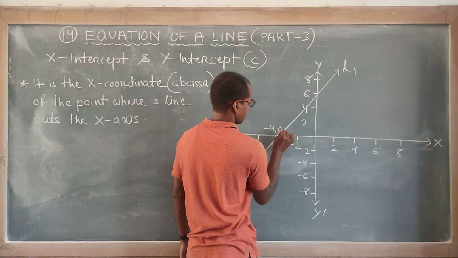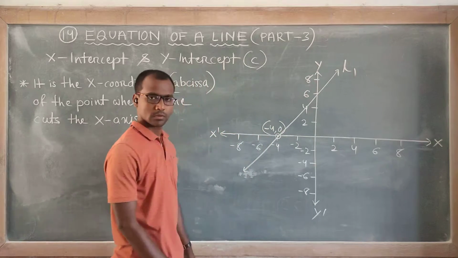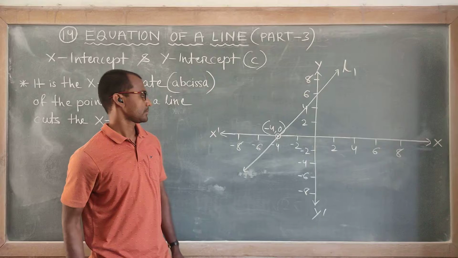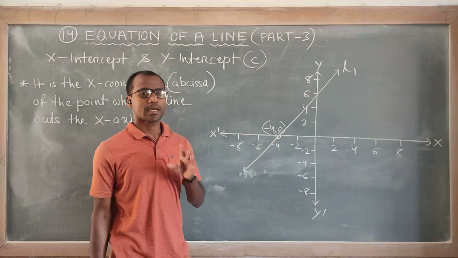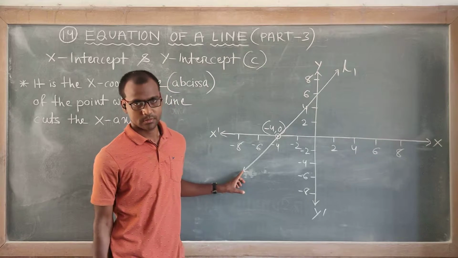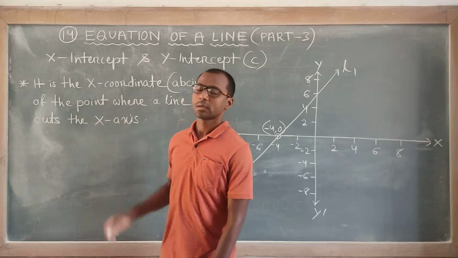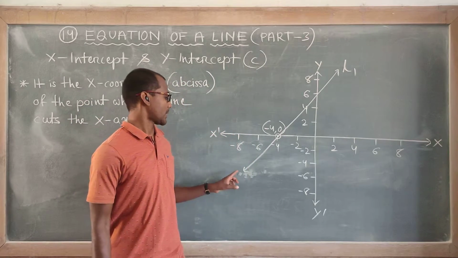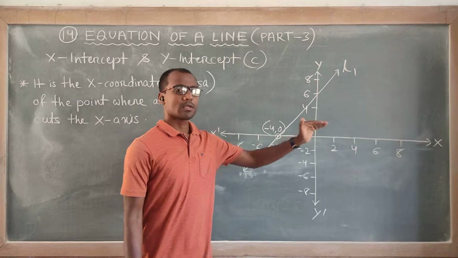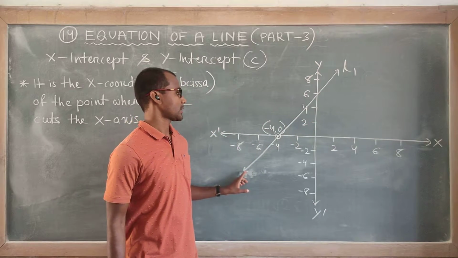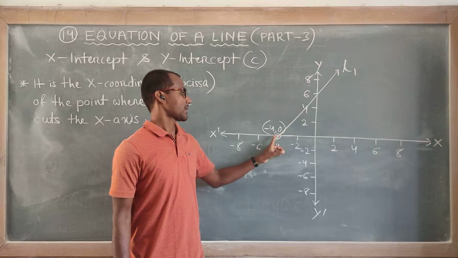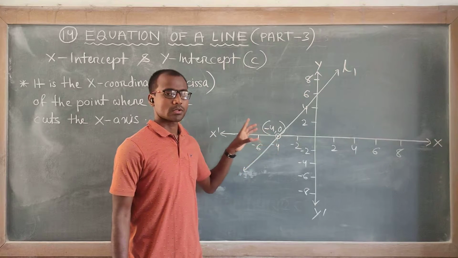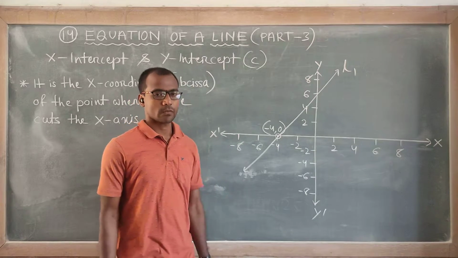Minus 4 comma 0. The x coordinate of this point, minus 4, is the x intercept of this line L1, by the definition. This line is intersecting the x-axis at this point. As you can see, its x coordinate is minus 4. So its x intercept is minus 4.